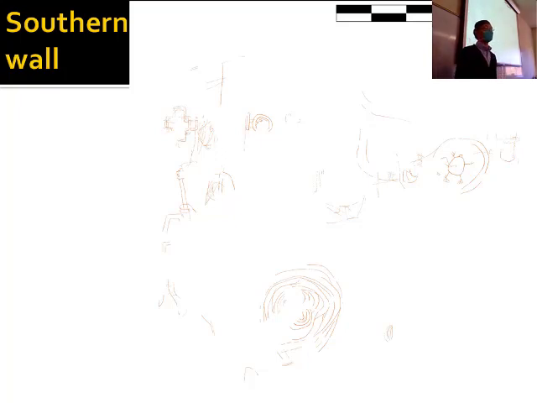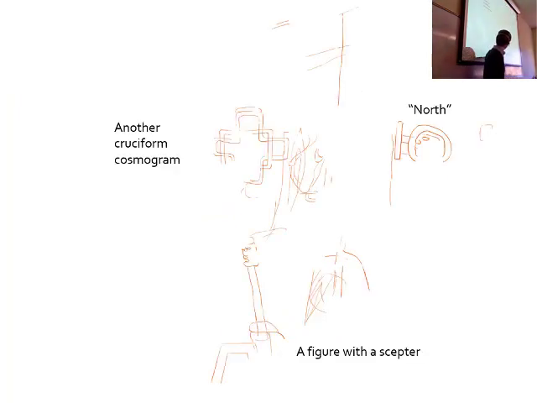Now the next wall, southern wall, has a glyph, my glyph for north, but it's on the southern wall. So it's not very helpful as far as I'm concerned. Like as far as using glyphs to clarify meaning in the graffiti. If I were Maya, I would not have done it, but they did. There seems to be a hand holding a scepter with a head of some sort, and then there's this very elaborate cosmogram.